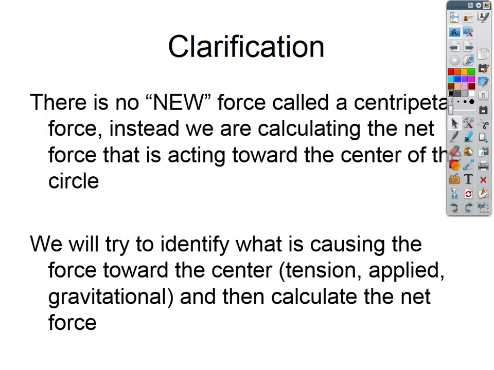So what we are going to try to do instead is, just like in that first diagram, identify what is pointing toward the center, what real force points toward the center of the circle. So that's going to be any of the types listed here, and we're going to use that to then calculate the net force and anything related to the net force.